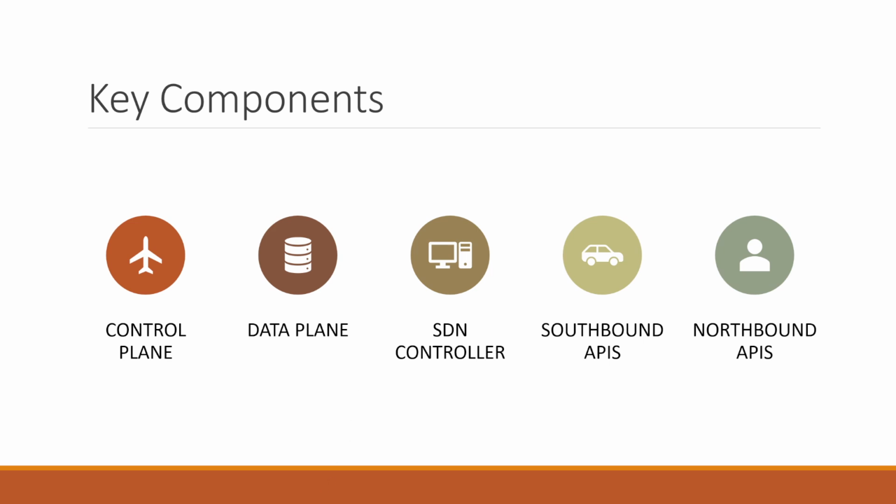Now, you can see different pieces when it comes to SDN. They may be the control plane, where they send all their control commands through. You may have the data plane, which is responsible for controlling all of the data within our network, including routing devices. We might have a controller, which will then be like the brains and govern the network behavior. And then we've got all these APIs.